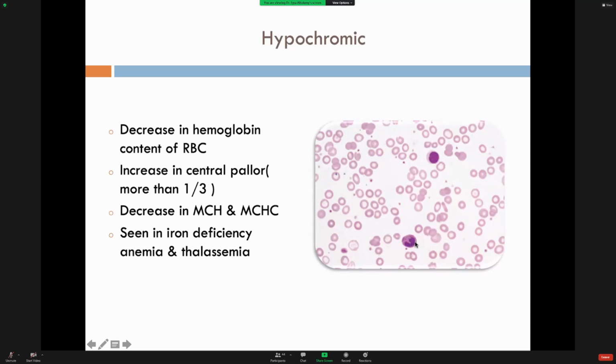It could be bands or could be an early segmentation of white blood cells. Usually in hypochromia there is increased central pallor of more than 1/3. So we mean by increased central pallor, this is central pallor, it's increased to more than 1/3 of the total red blood cell. Usually hypochromia is associated with decreased MCH, MCHC, mainly common to be seen في iron deficiency anemia وثلاسيميا. وتكلمنا أمس على الmicrocytic anemia in abbreviation called TICS.